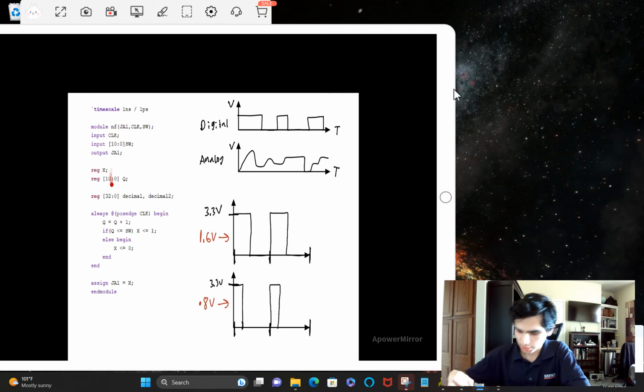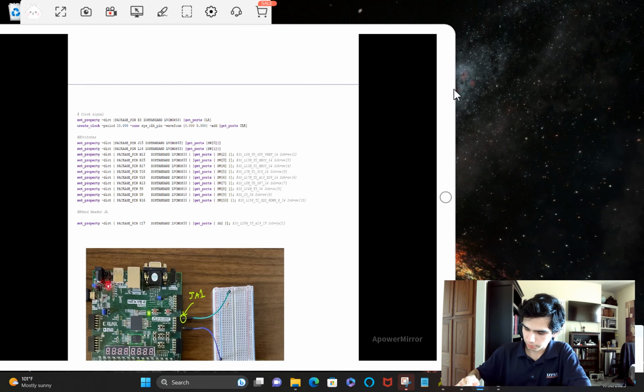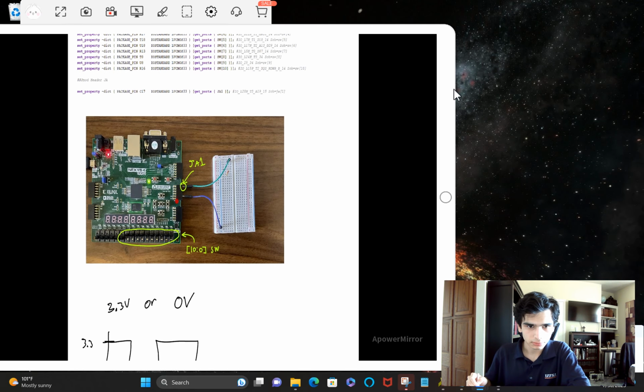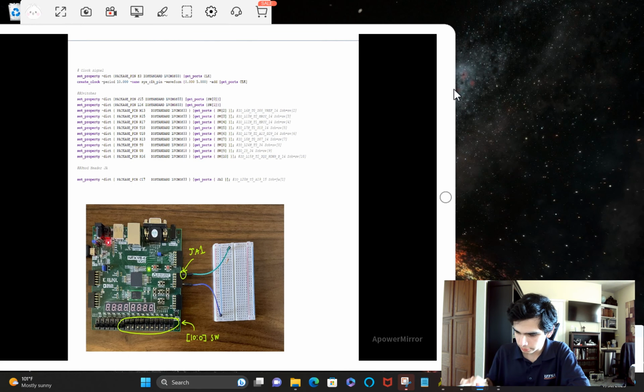So what this program does is, there are two main inputs: the switch and the output of the board, JA1, which is right here. You map that in the constraint file by doing this.